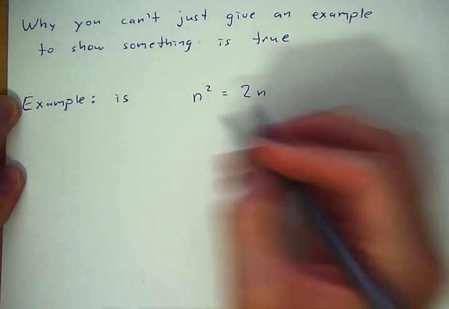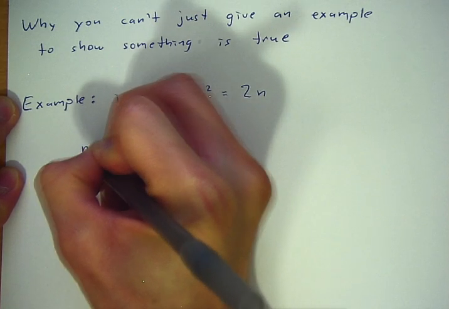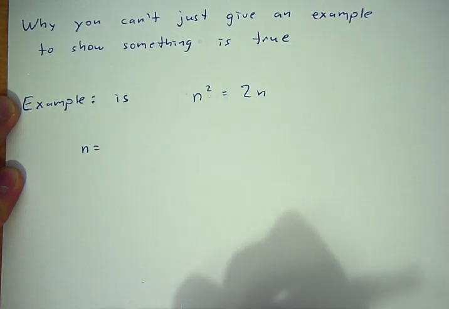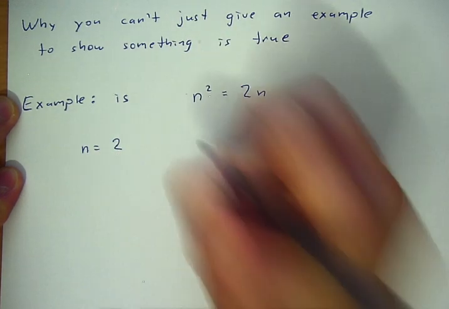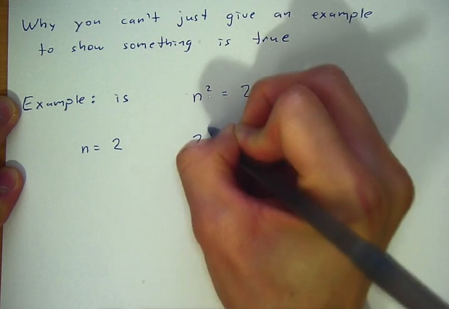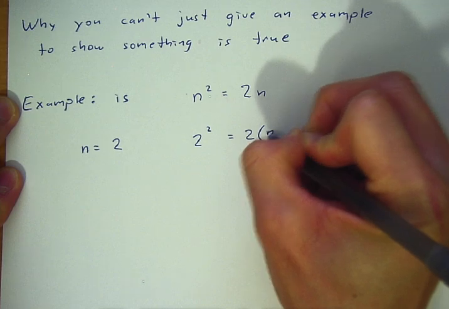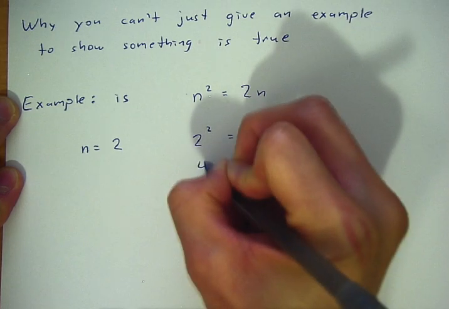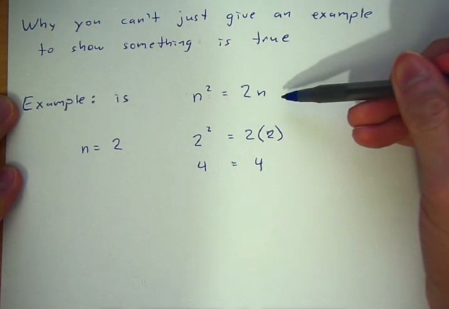For example, I could say when n is equal to 2, and then you have 2 squared equals 2 times 2. That's 4 and 4. All that means these two must be equal to each other.